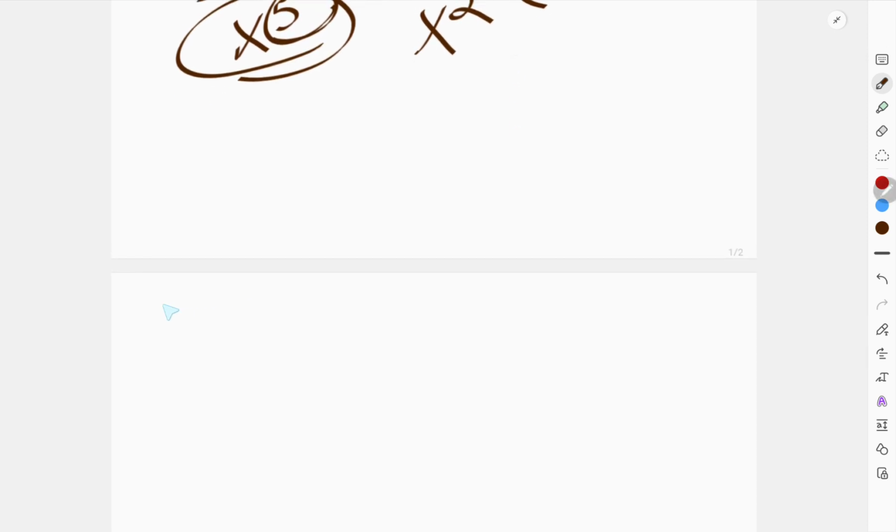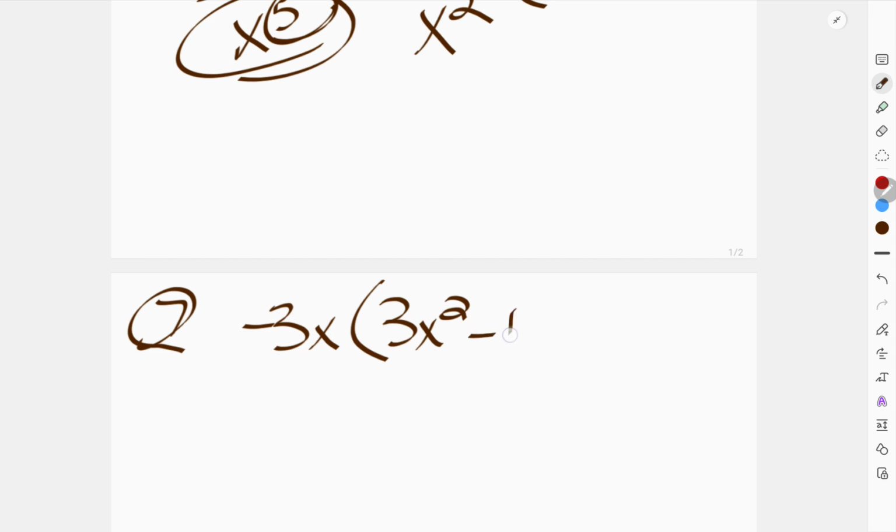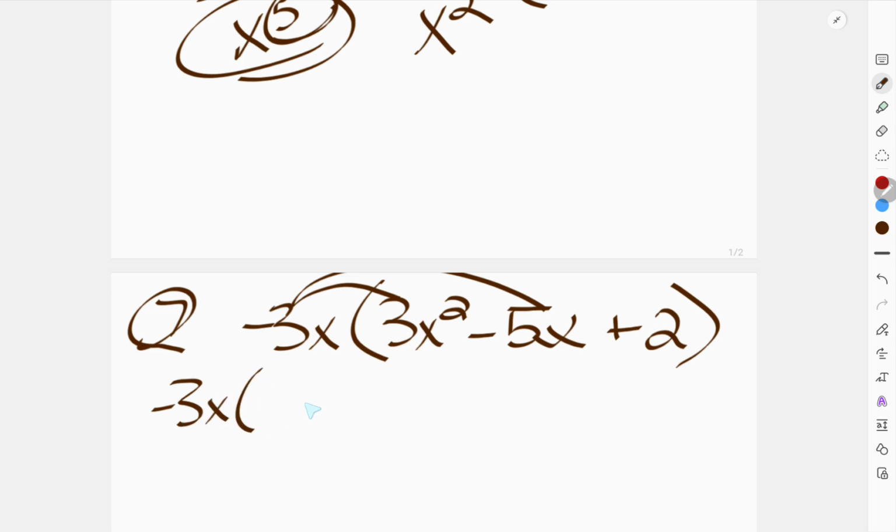Okay, so when you get to one like number 7, you have negative 3x and then parentheses 3x squared minus 5x plus 2, close parentheses. So that negative 3x on the outside is being multiplied by everything on the inside. So it looks like this.